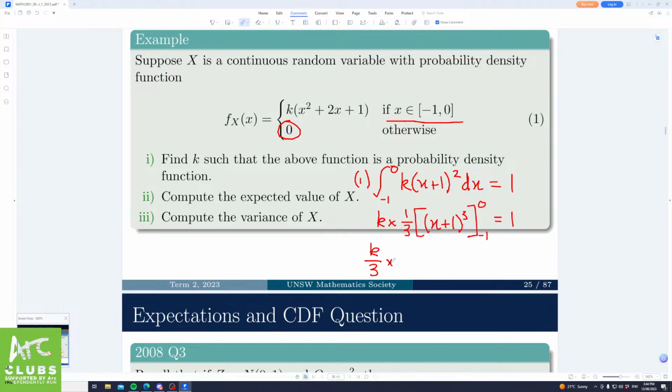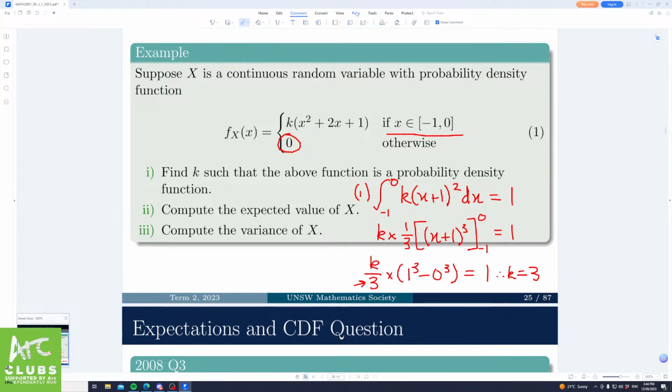So all in all, we should get 1 cubed minus 0 cubed. That's equal to 1. We know these brackets evaluate to 1 itself, so we don't really have to worry about this term. All we do is bring this 3 across to the other side, and we get k equals 3. And so k needs to equal 3 for that PDF to be valid.